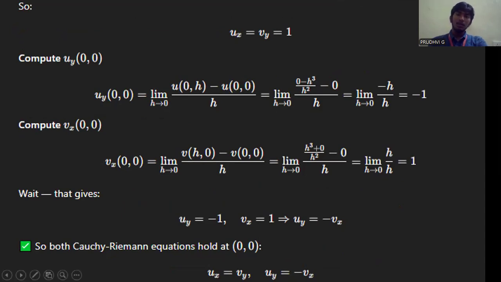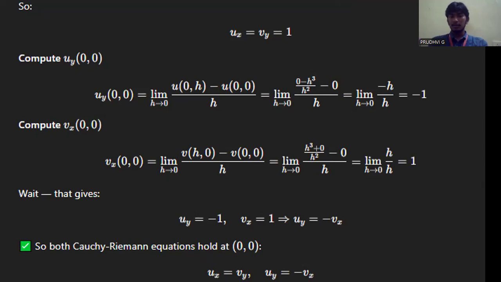So we have got -1 while checking for uy, where the y limit of u has h and the others are the origin. And vx, obviously the h value is h and the others are the origin, 0 comma 0. By calculating that, uy is equal to -1 and vx is 1.